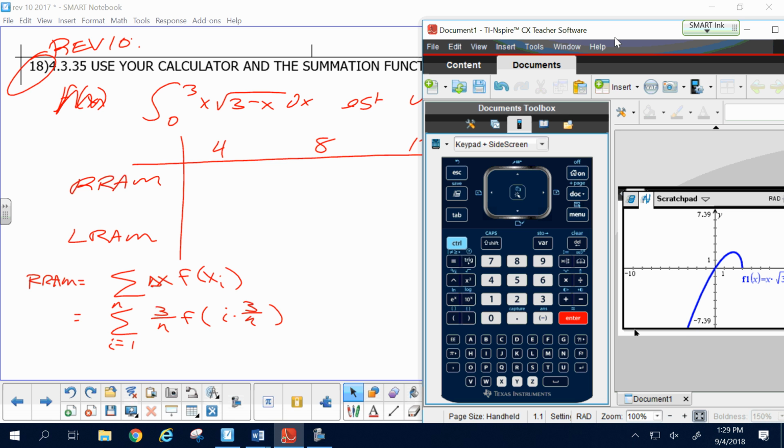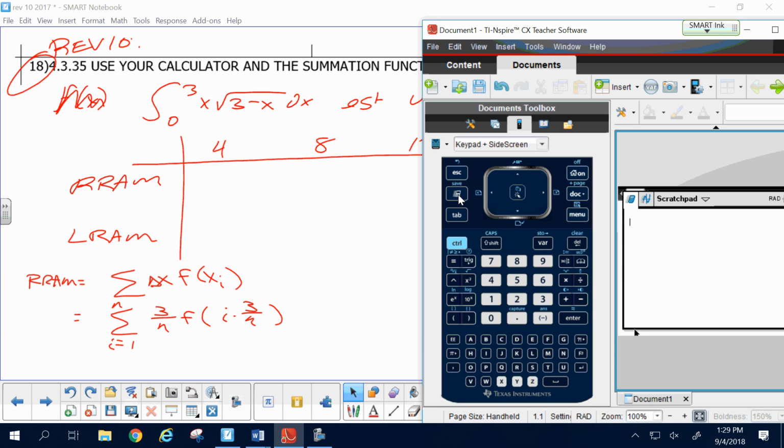Now, we can do that in the graphing menu, or we could create a function in the home screen. Now, I think based on last class going disastrously, let me try a different angle here. Would you go to your home screen, and we're going to create a function that does the summation.